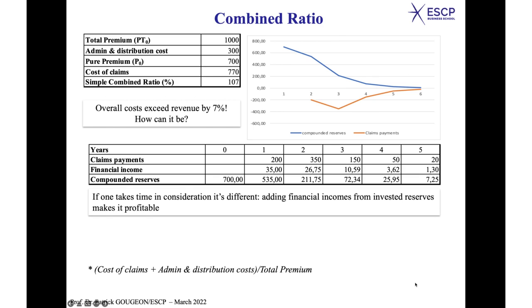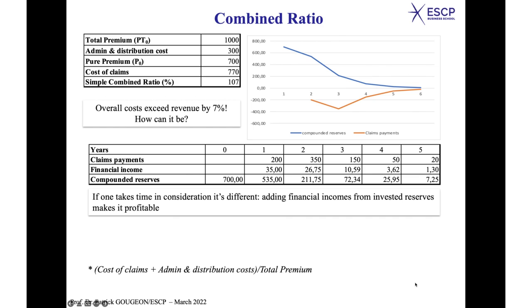So that we end up with not 500, but 535, because the financial income has contributed to increase the reserves. And then it's always the same principle. You have 350 to deduct from the reserves, but you also have to add to the reserves 5% applying to 535, and so on and so on.